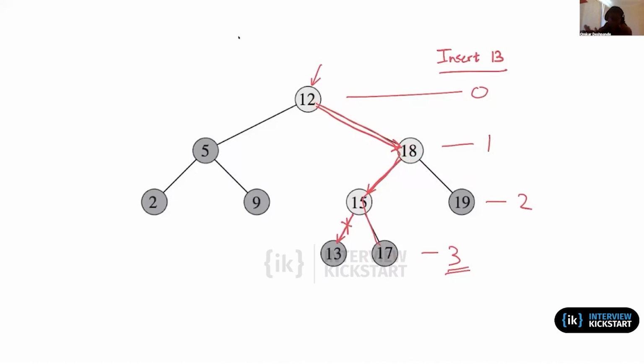It doesn't make a difference to the argument, but it'll make the analysis a little easier if we assume that the height is the number of nodes along the longest path from the root to any leaf.